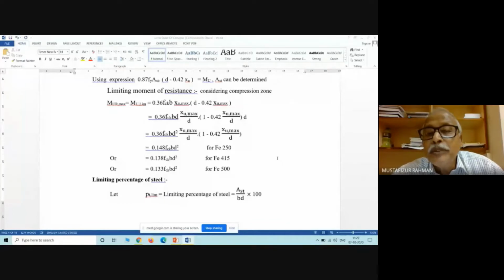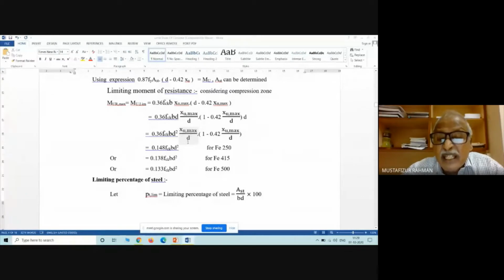So in place of xu maximum, it is coming xu maximum by d. Ultimately what happened is 0.36 fck b d squared xu maximum by d (1 minus 0.42 xu maximum by d). Here it was only b, right? This expression can be converted to this. Now see here the regular information.